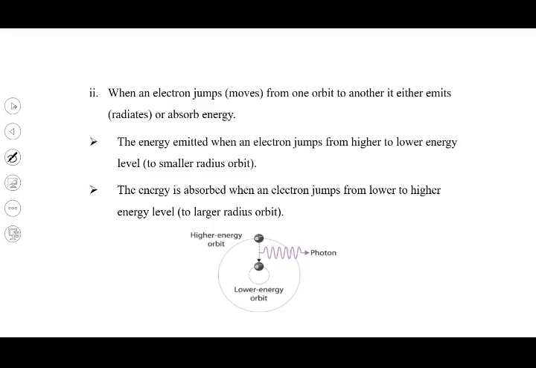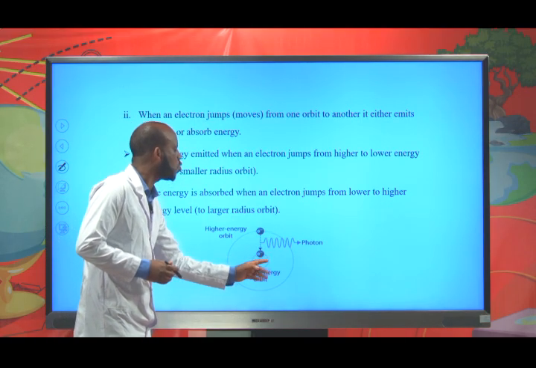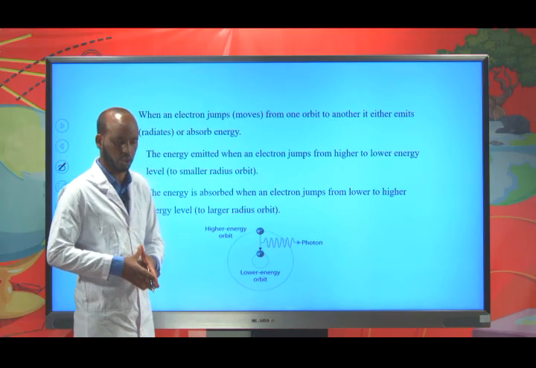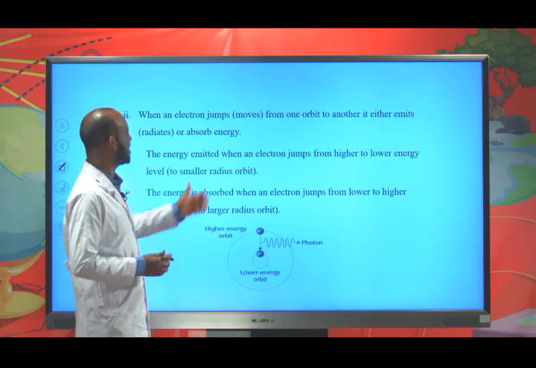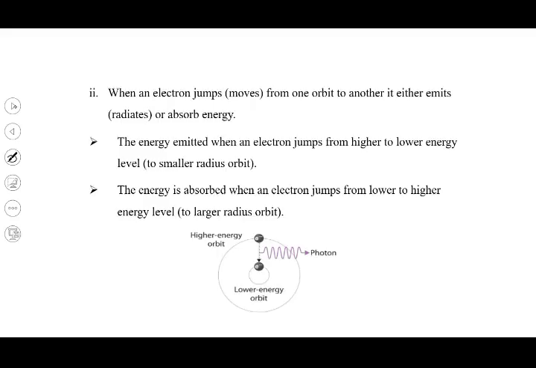The energy is emitted when an electron moves from a higher energy orbit to a lower energy orbit. The energy is absorbed when an electron moves from a lower energy orbit to a higher energy orbit. This is the second postulate of the Bohr model.